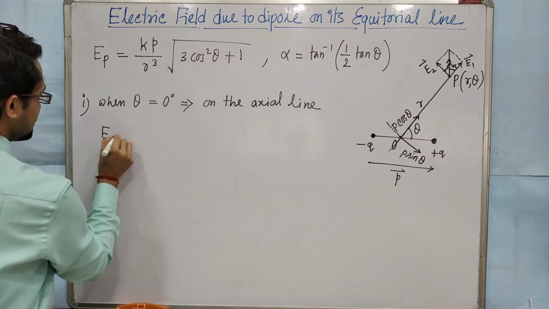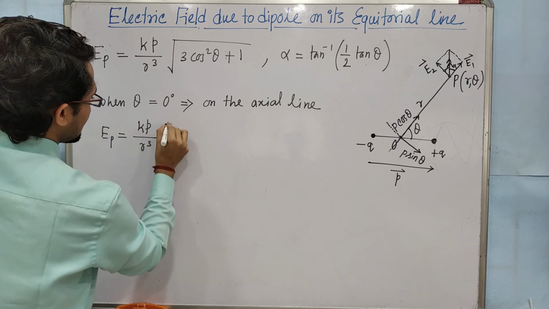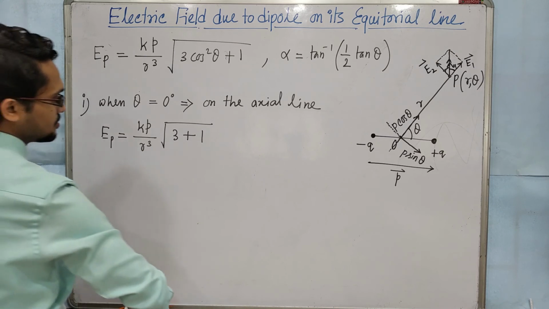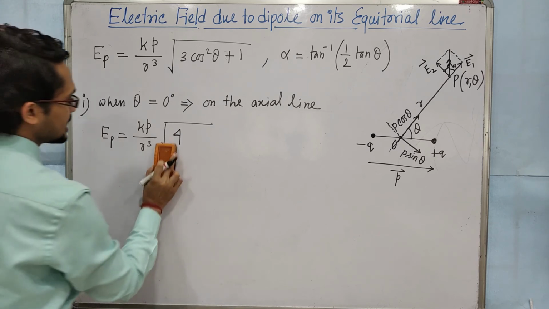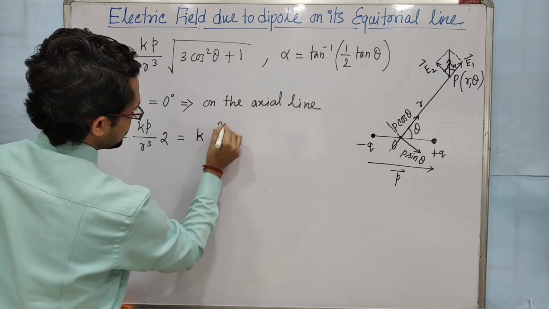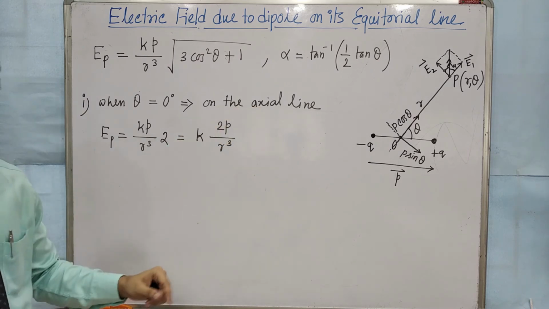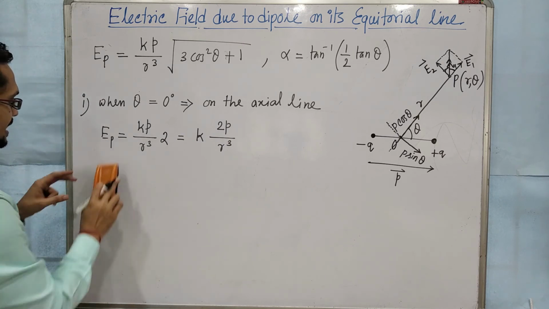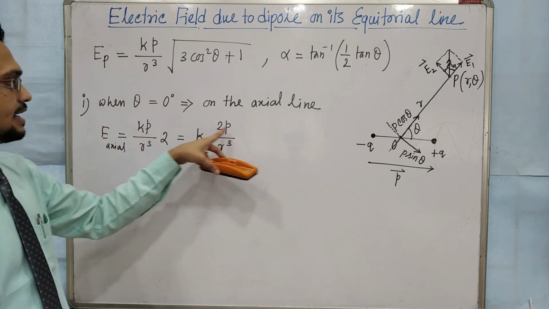Then EP will be Kp by r cube root over 3 plus 1. 3 plus 1 is 4, and root 4 is 2. So we get K 2p by r cube. This was our formula on the axial line, so E axial will be K 2p by r cube.